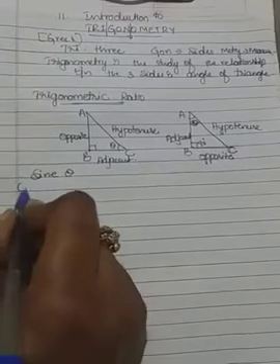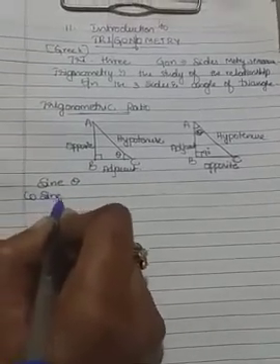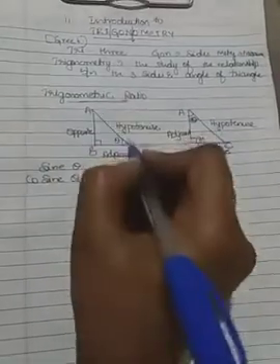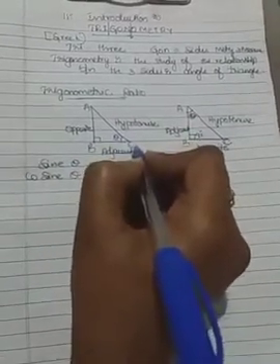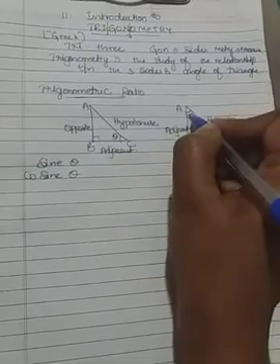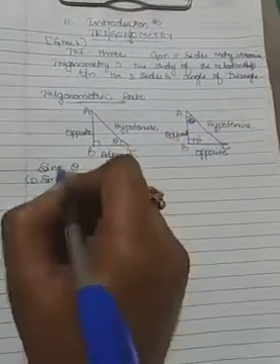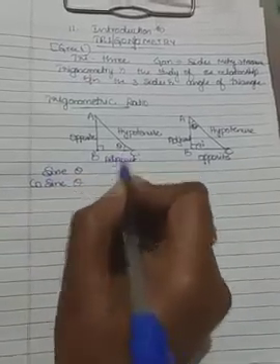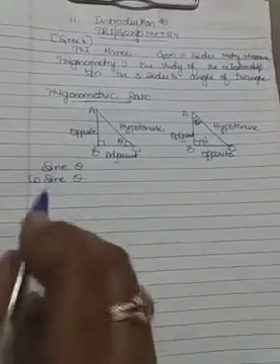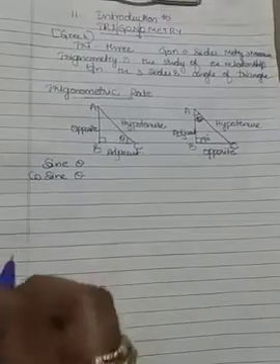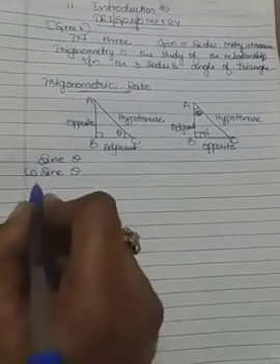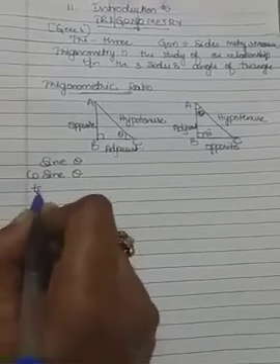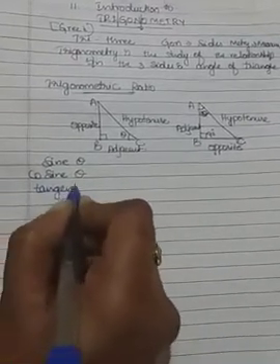The second trigonometric ratio is cosine theta, or cosine A. If theta is not mentioned, we can take it as C. Instead of sine theta, we can take sine A. Even if an angle is mentioned, no worry. Sine theta, cosine theta, and the third one is tangent theta.